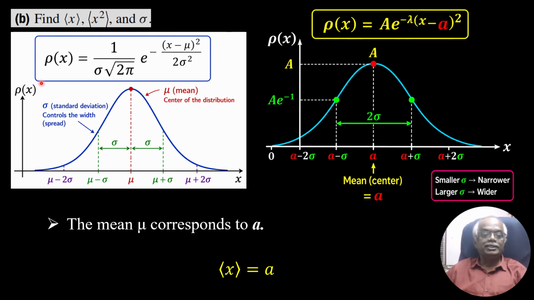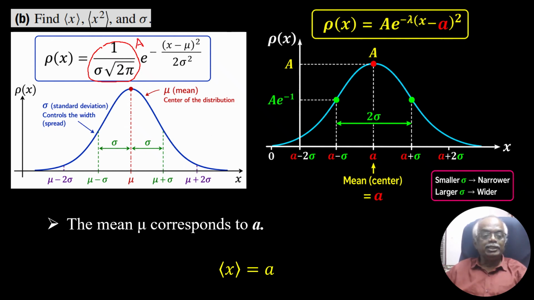The actual Gaussian distribution is rho of x equals 1 over sigma square root of 2 pi, times e to the power minus (x minus mu) whole squared over 2 sigma squared. Here, interestingly, this scaling factor is the normalization constant A.